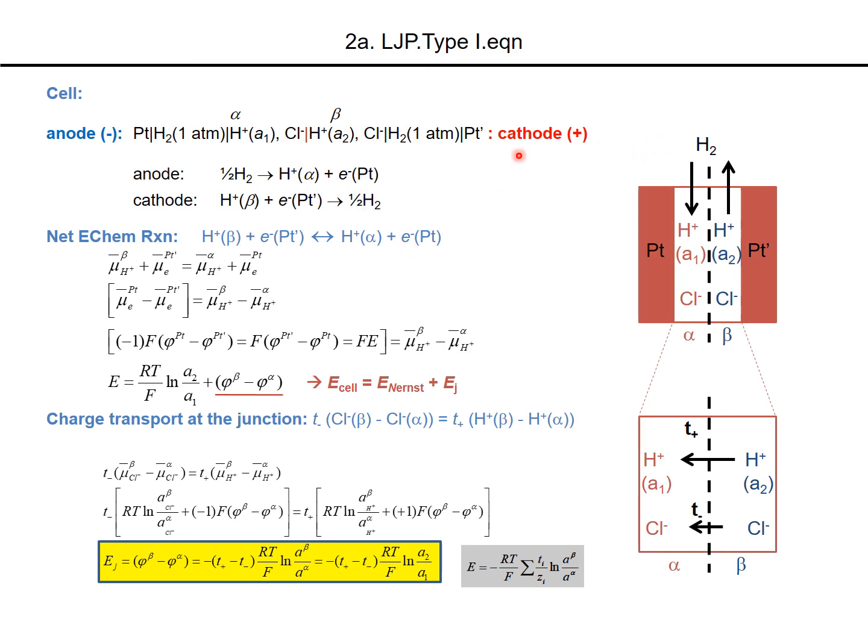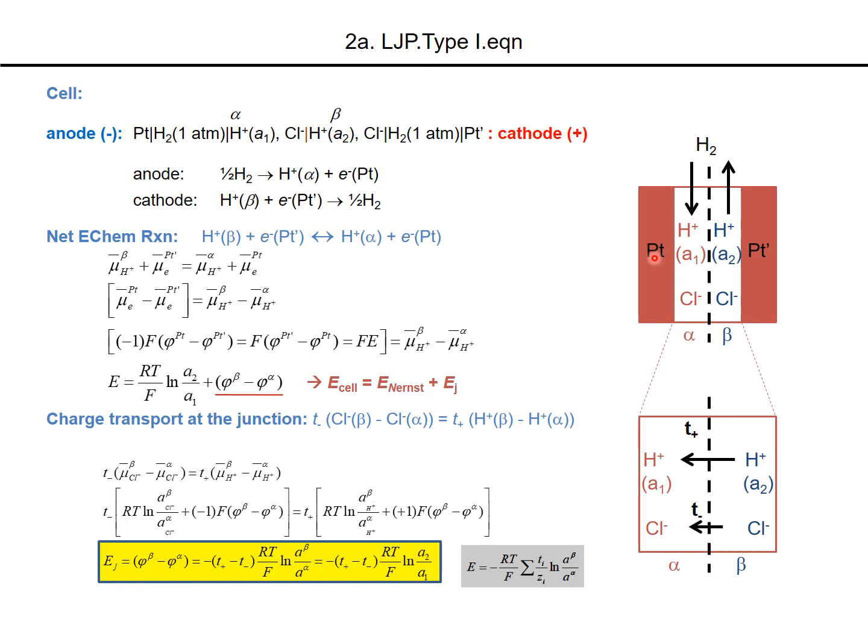So hydrogen is going in and going out. The net electrochemical reaction is proton in beta phase plus electron from platinum prime going to proton in alpha phase plus electron to platinum.